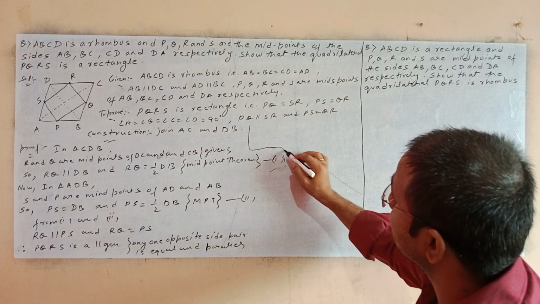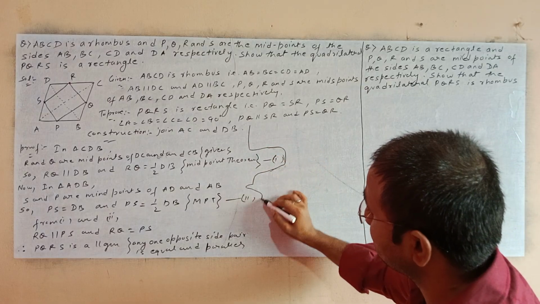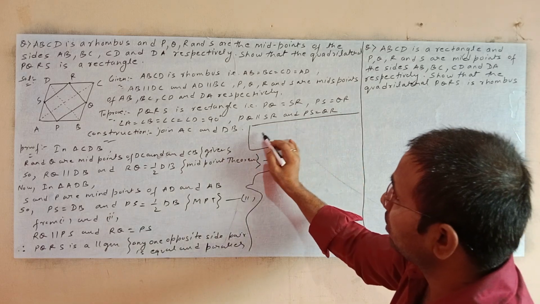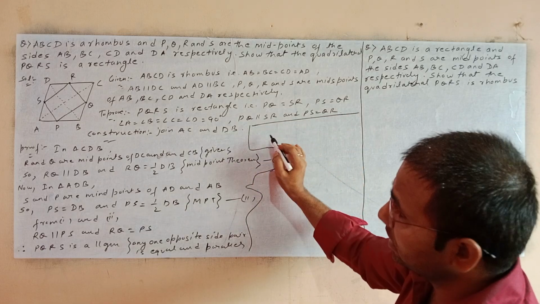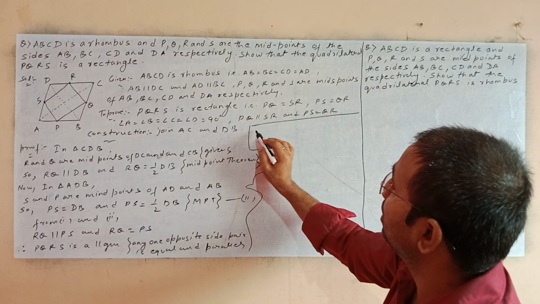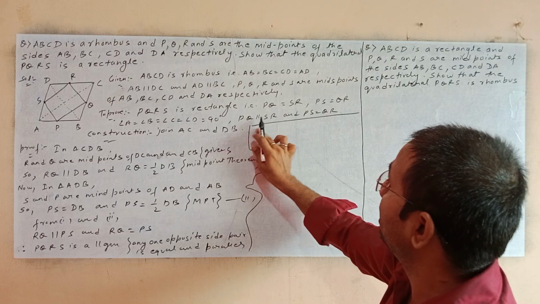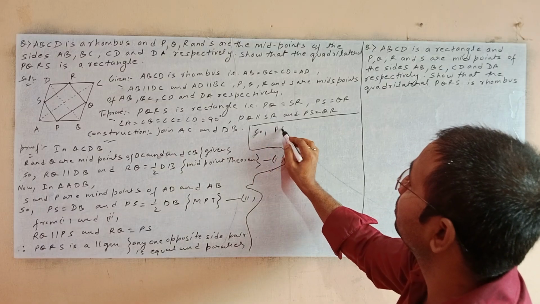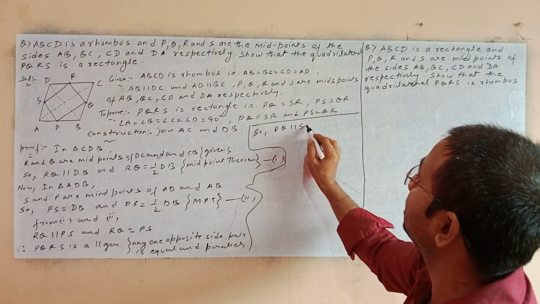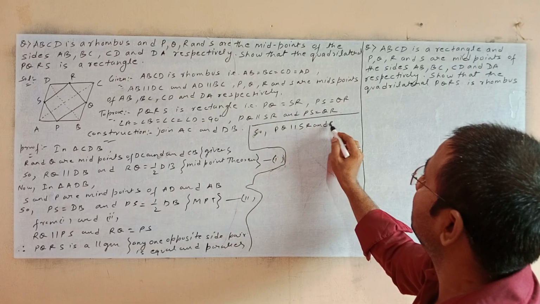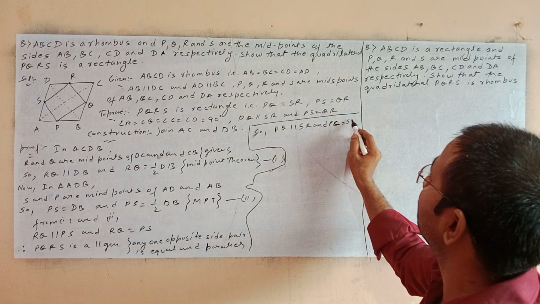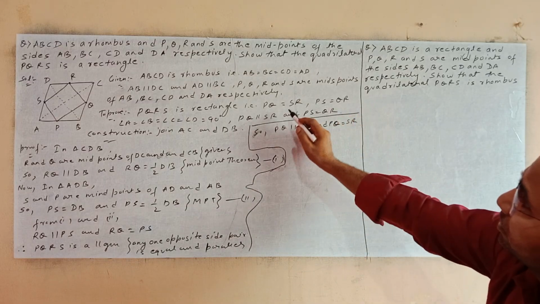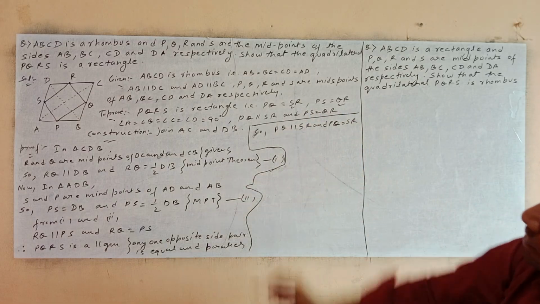PQRS is a parallelogram, you know that. So PQ is parallel to SR and PQ is equal to SR. If it is a parallelogram, then this will happen. So two things we have shown.